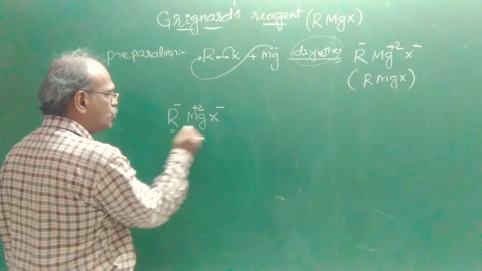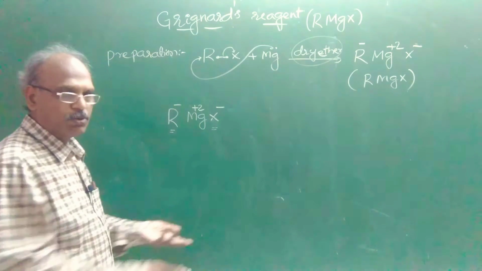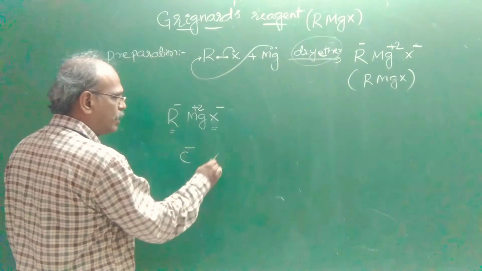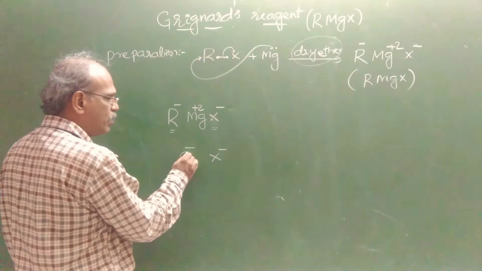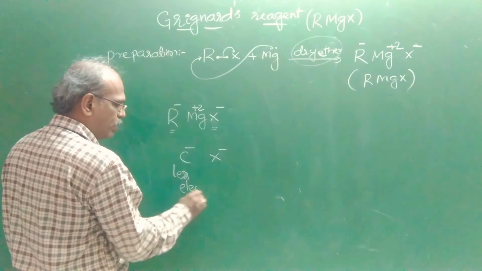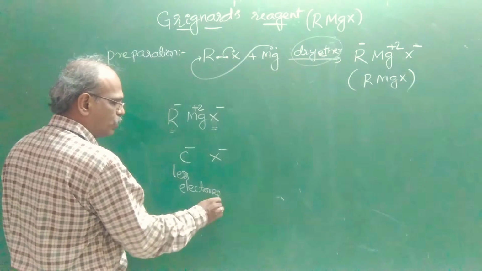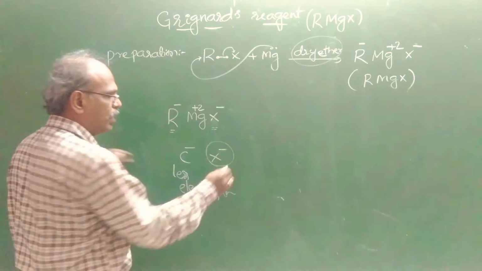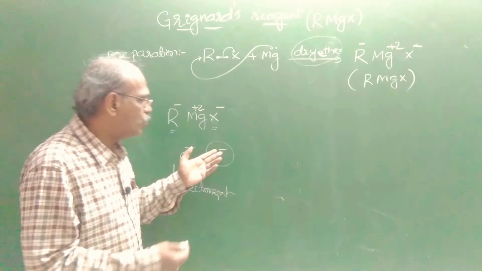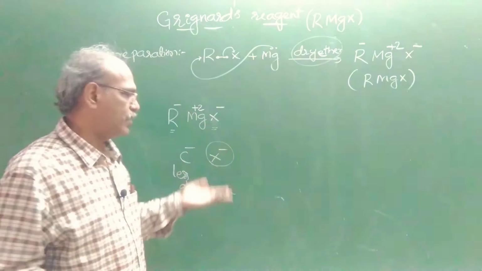But between these two, which is the better nucleophile? C minus, because it can donate the electron pair easily. Carbon is less electronegative, whereas the halogen is more electronegative, so the halogen's tendency to give up electrons decreases.